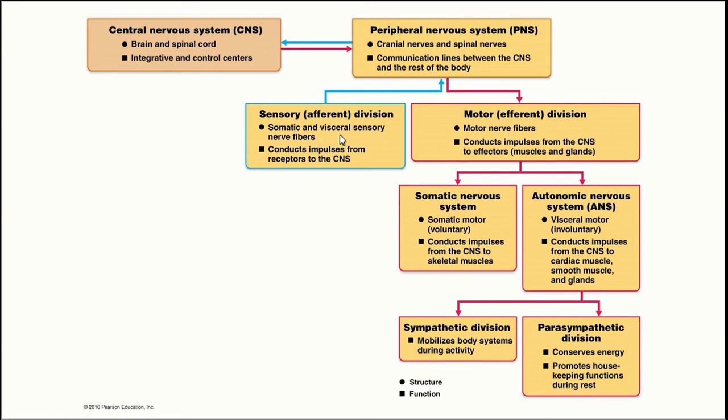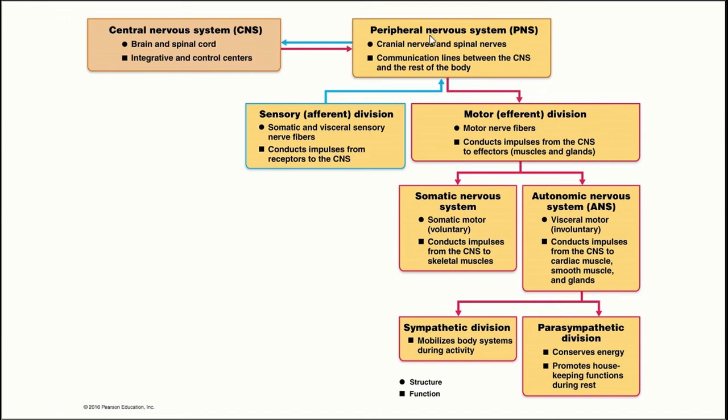And it's also feeding us sensory information from our visceral sensory receptors or visceral sensory nerve fibers. And visceral sensory comes from visceral organs like our cardiovascular system, our digestive system, our respiratory system, and even our urinary system. And so these are all visceral sensory pathways that send information to the central nervous system.